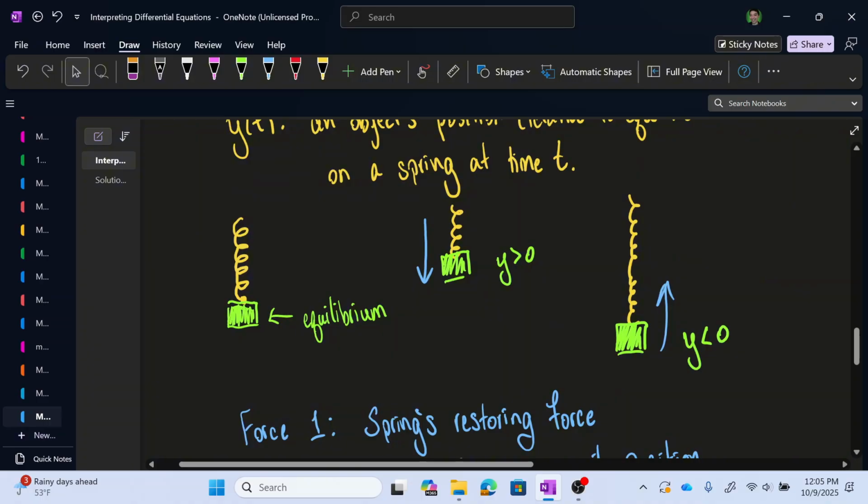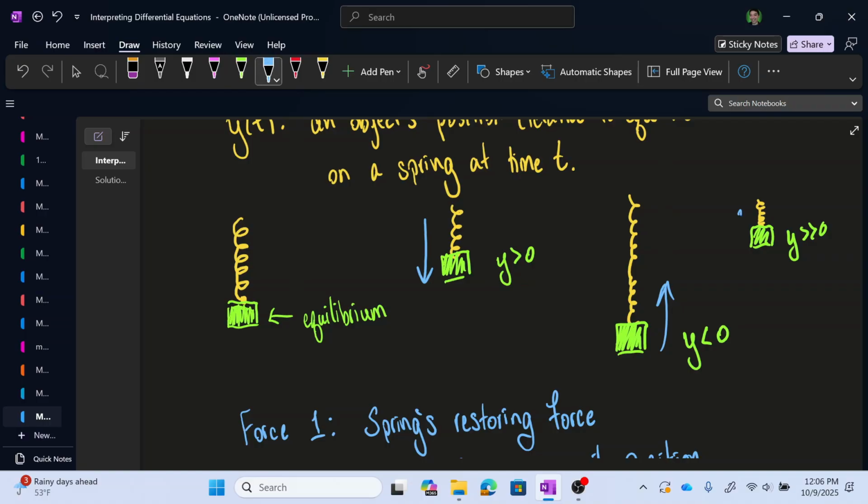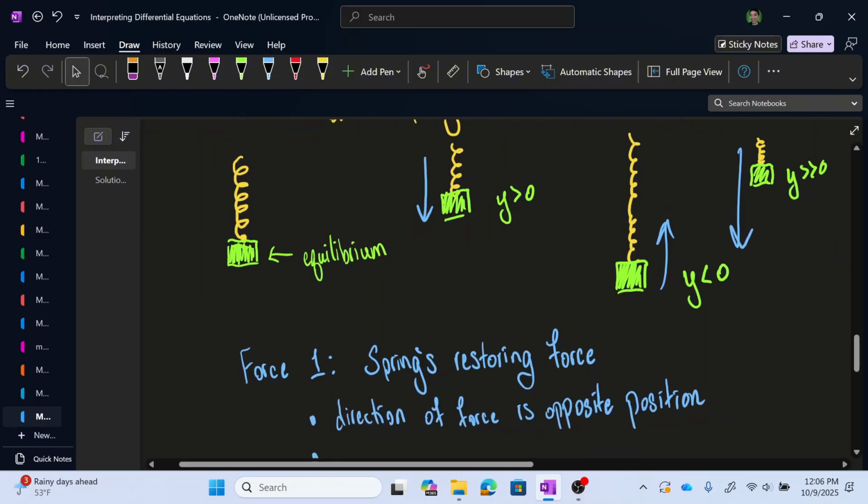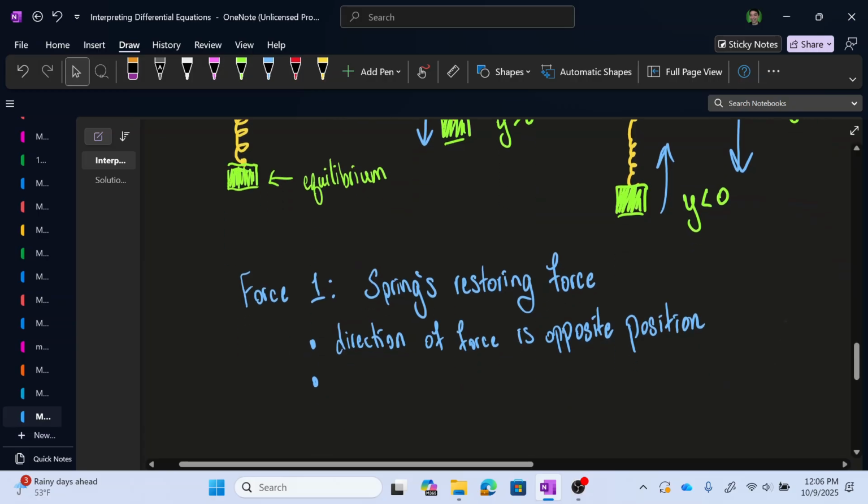If I take my spring and really compress it, and I push that object way, way up there so that my position is far above equilibrium, the restoring force that I'm going to feel is going to be even stronger than it was before. I push the object far from equilibrium, and the spring will resist strongly in order to try and bring that object back to equilibrium.